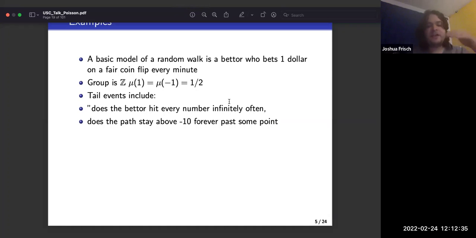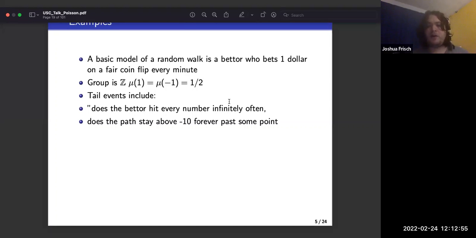Does the path stay above -10 forever past some point? I should say the random walk is going to be recurrent, and so that's a tail event that will happen with probability 1?